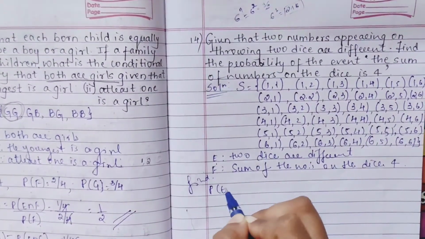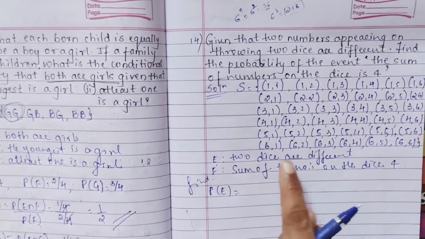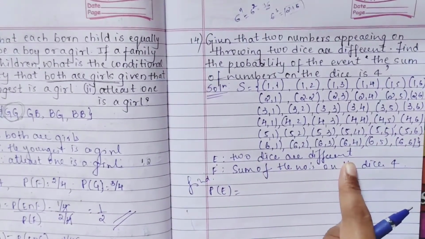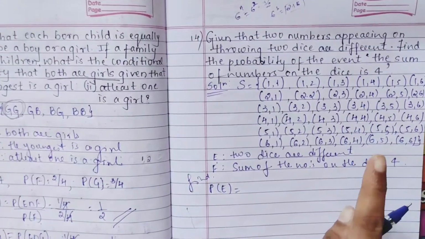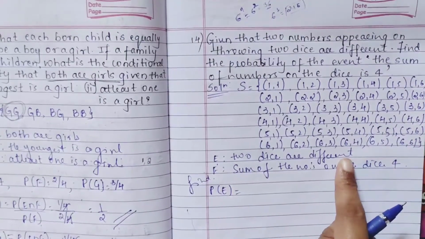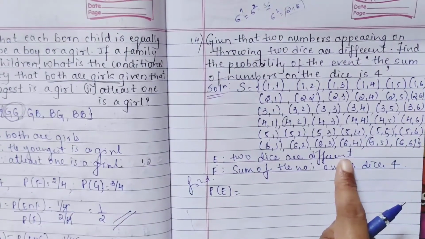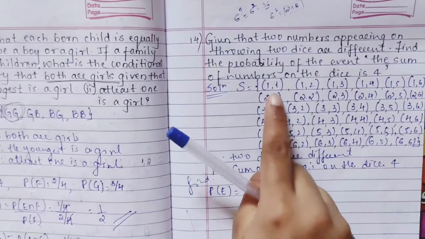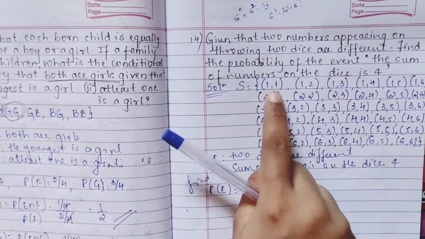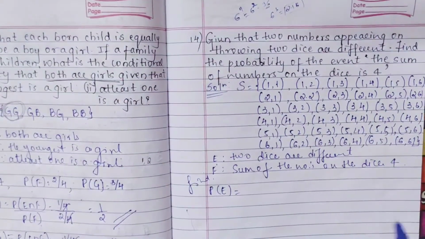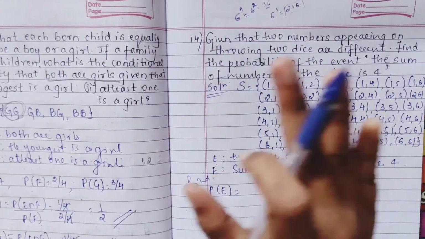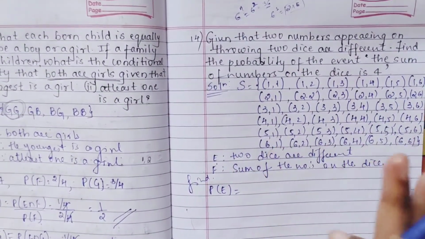So P of E, what becomes P of E? Two dice are different, so you have to consider the dice numbers which are different, except the doubles which appear the same. For example, here 1 1 is same, so this we are not considering. Except that you have to consider dice whose numbers are different.